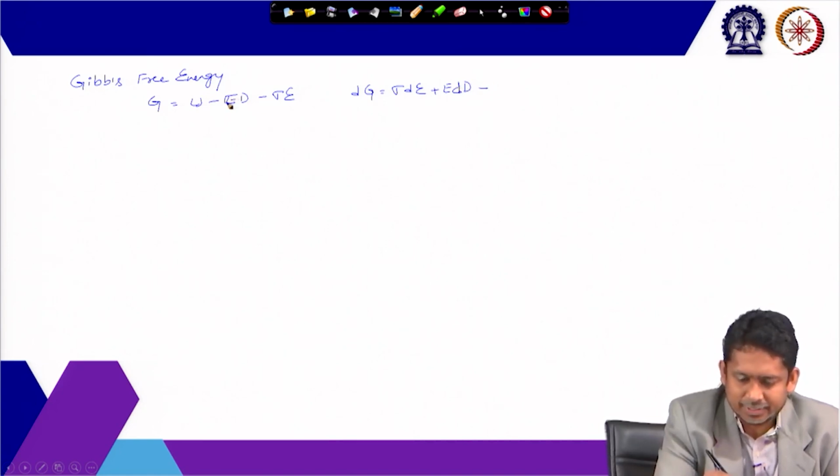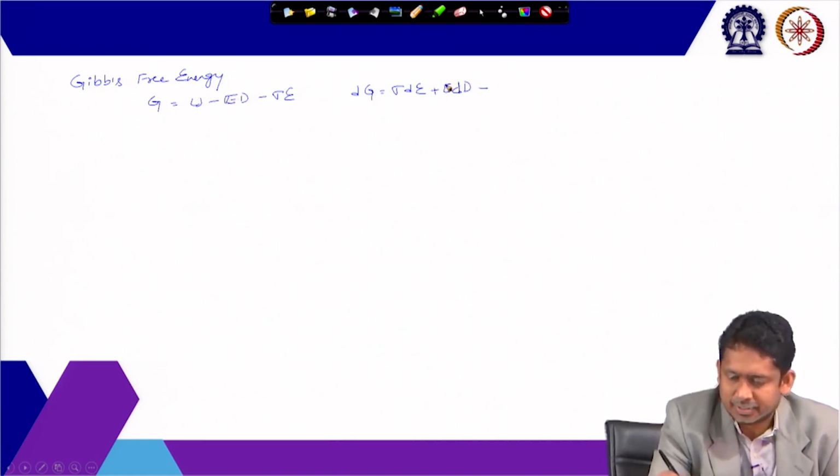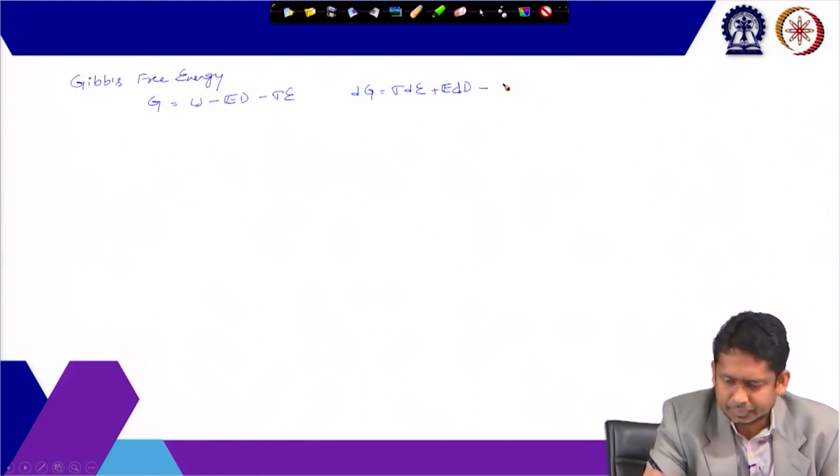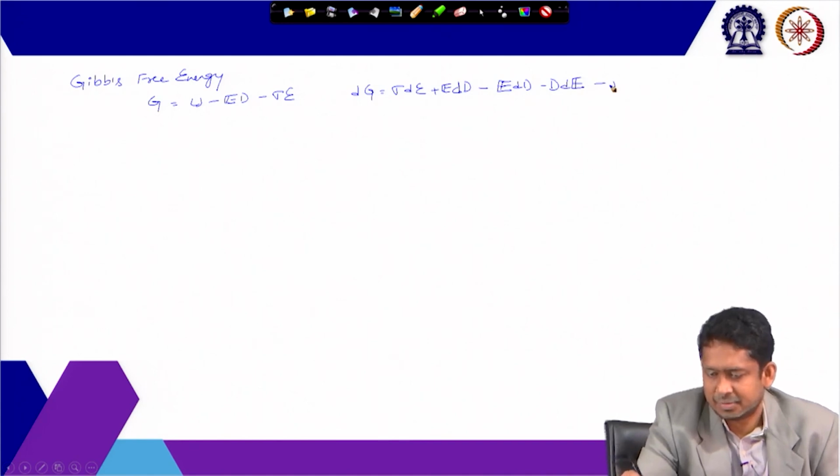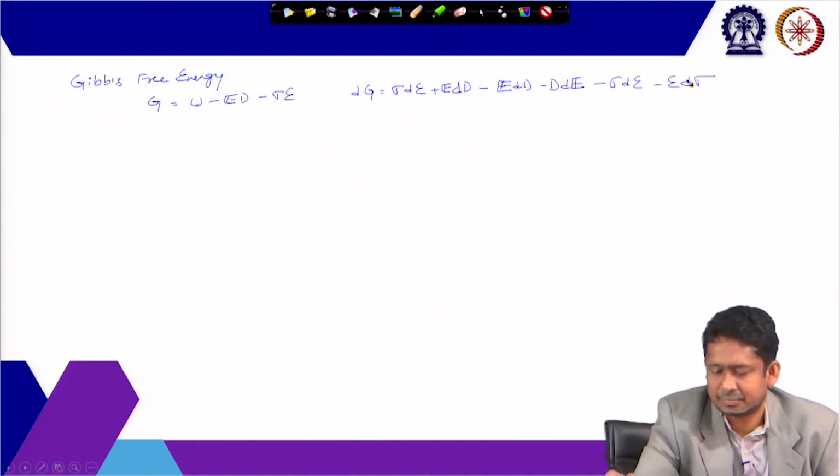Here these are our electric fields, so I should put the double struck E.